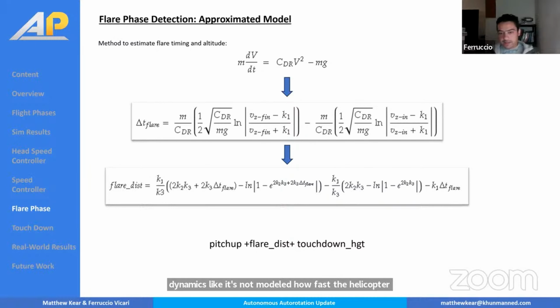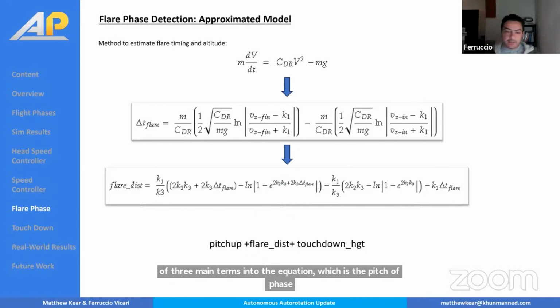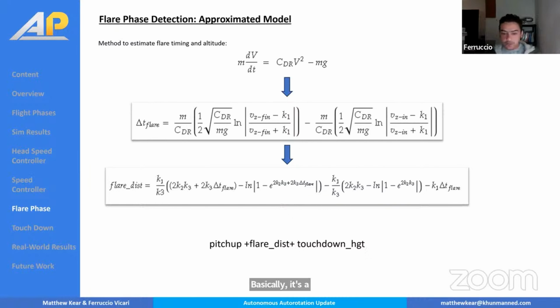So basically, we consider the contribution of three main terms into the equation. The first is the pitch up phase, estimated using the input TC from the altitude control to get an idea of how much time we will spend to reach the target angle on the pitch axis.